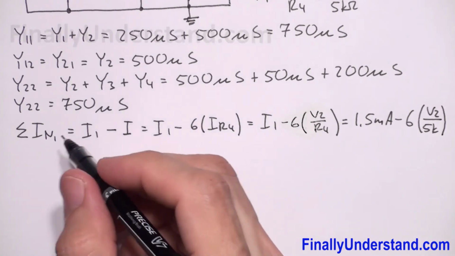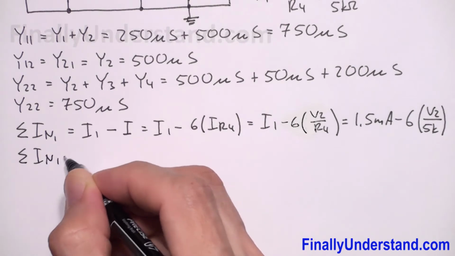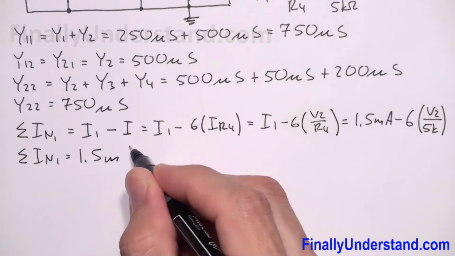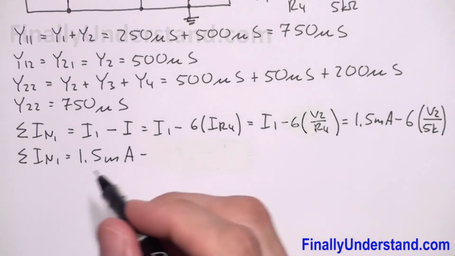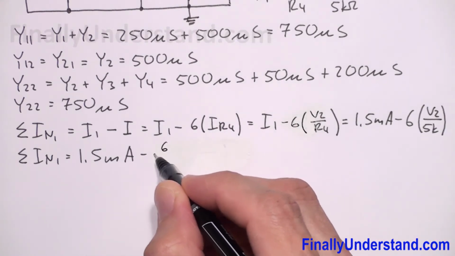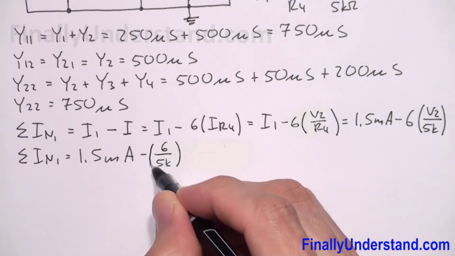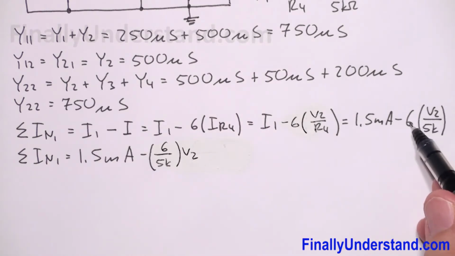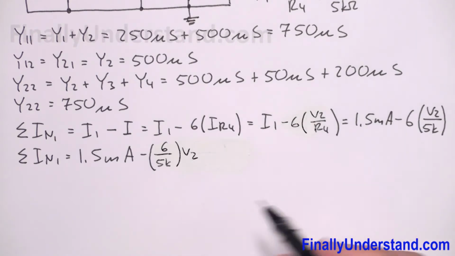Okay, I'm going to rewrite this. Sum of the currents at node 1 is equal to 1.5 milliamps minus, and this time I'm going to rewrite this term as 6 over 5K times V2. I can do it because this is multiplication. I can exchange 6 with V2, and I'm going to obtain this form.